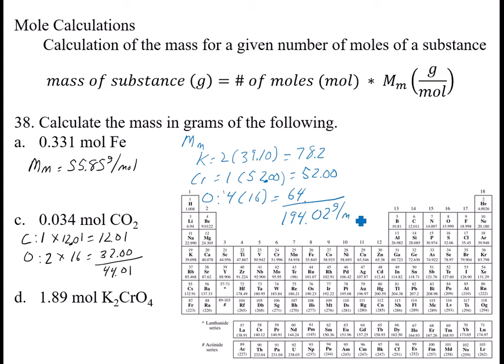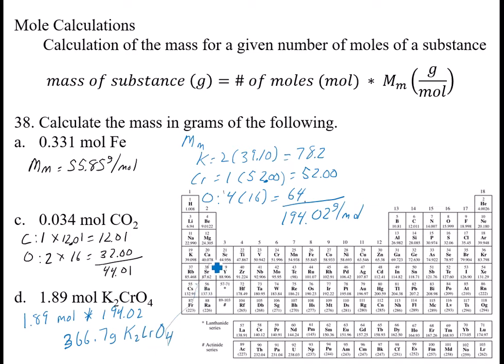Grams per mole. And then I take the 1.89 moles times the 194.02, and I get 300. That's where the 366 is. 366.7 grams of K2CrO4.